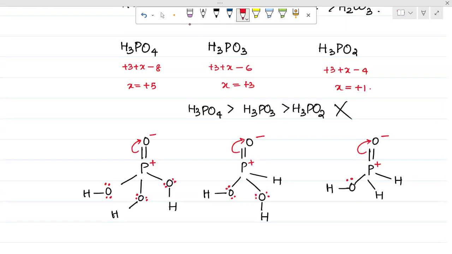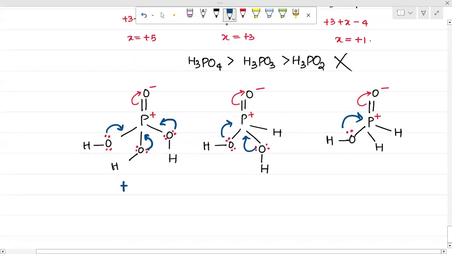So this positive charge is best compensated over here because there are 3 oxygens surrounding which can donate their lone pairs and suppress the positive charge. But here there are only 2. Here there is only 1. So comparatively, the positive charge is the lowest here and the highest here.